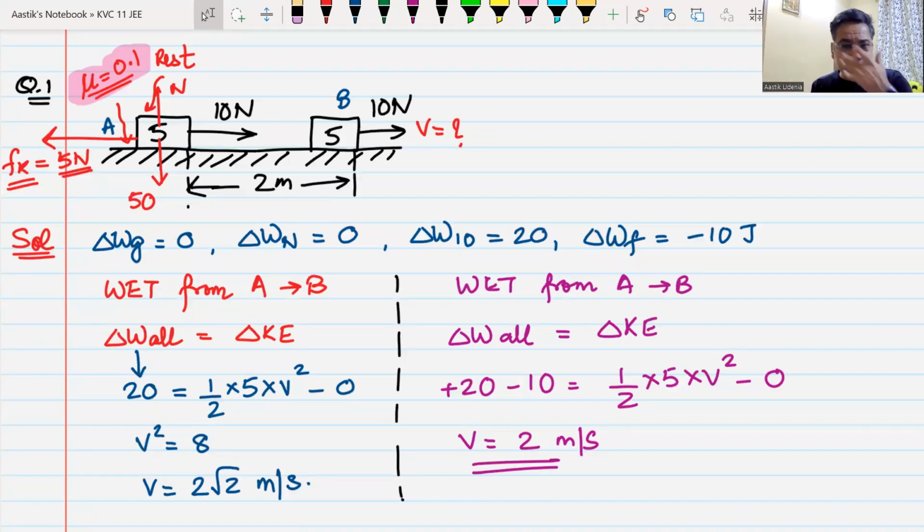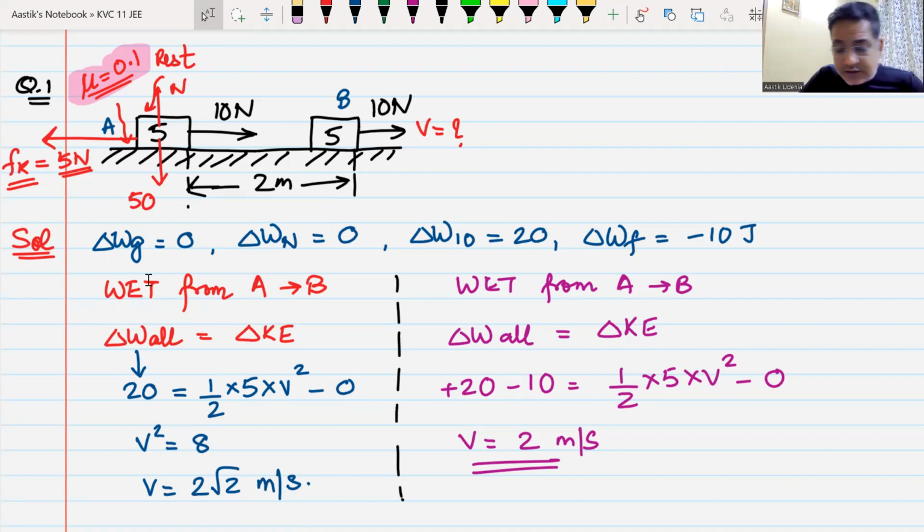We had gravity, normal reaction, friction, and applied force, and we saw how to find the work done by all these forces. Then we saw how to find the change in kinetic energy.